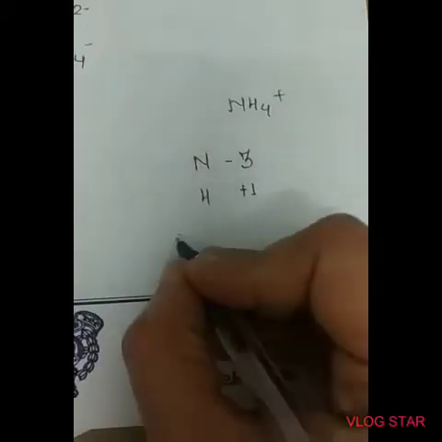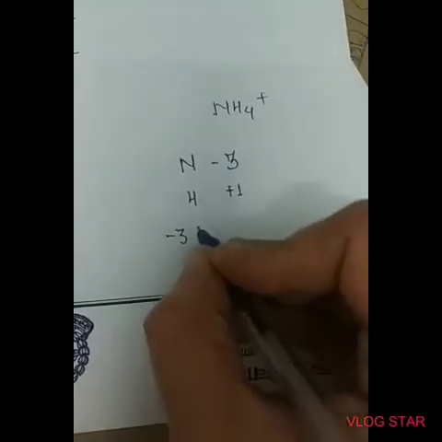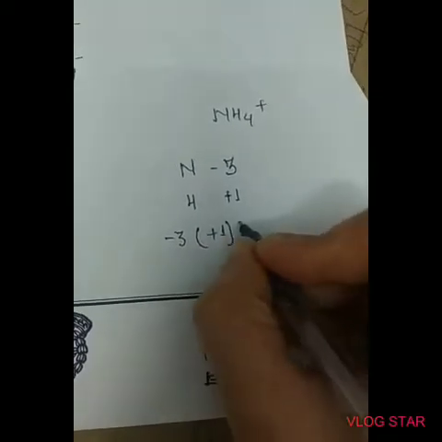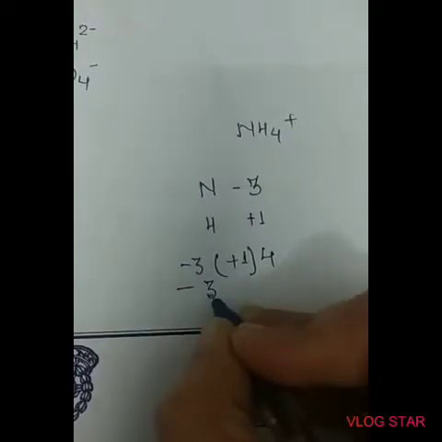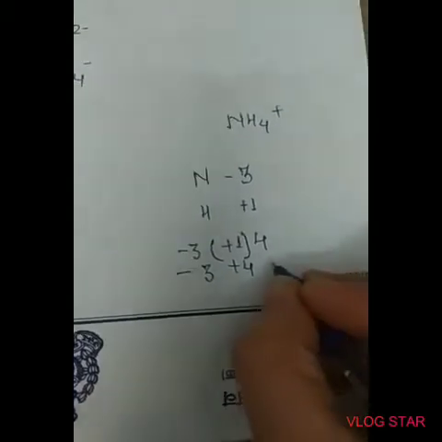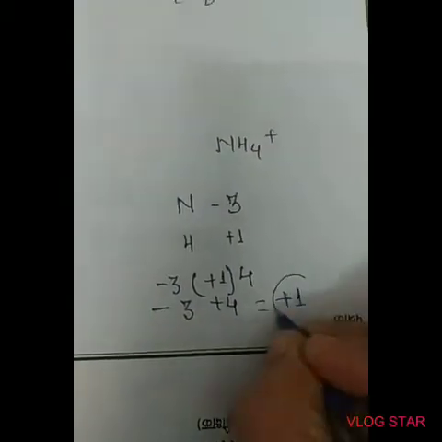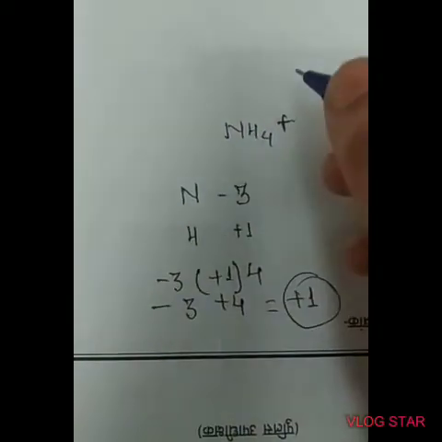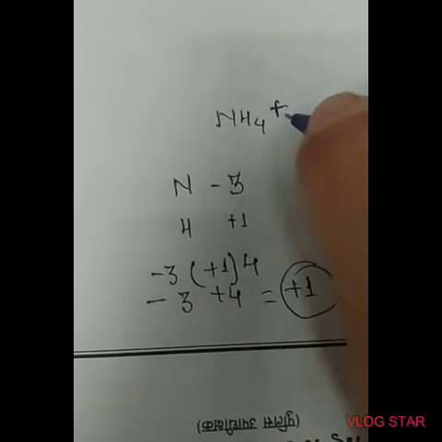Okay, so nitrogen -3 and hydrogen +4 for all 4 hydrogens. So how much will we get? -3 + 4, so the result is +1. In this way we get +1 for the overall radical. In this way we will get the positive or negative charge for all the radicals.